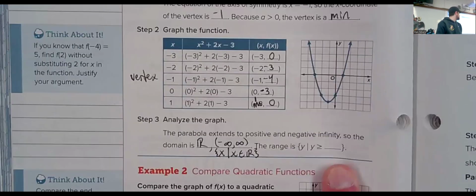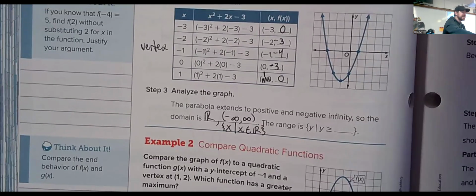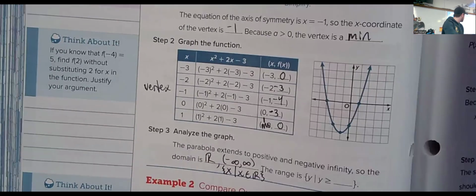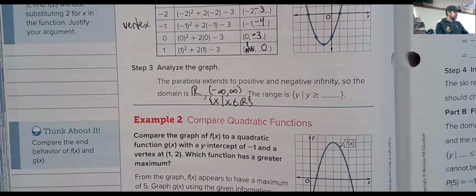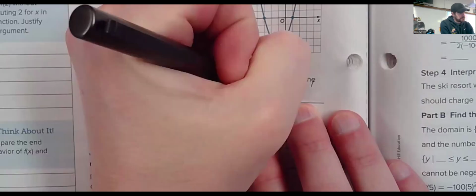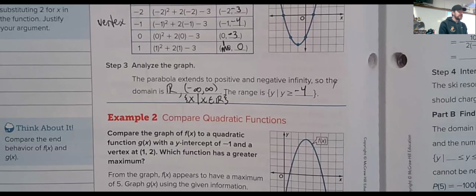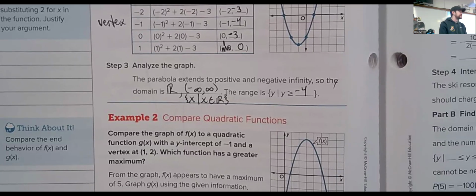So what's the range of this function? All values of y, such that y is greater than or equal to what? Negative 4. Why? It's the minimum. That's as far down as it goes. Every other value of y is above that or equal to that.